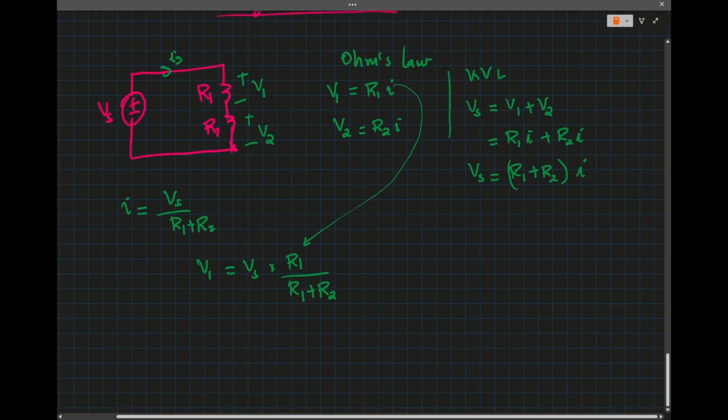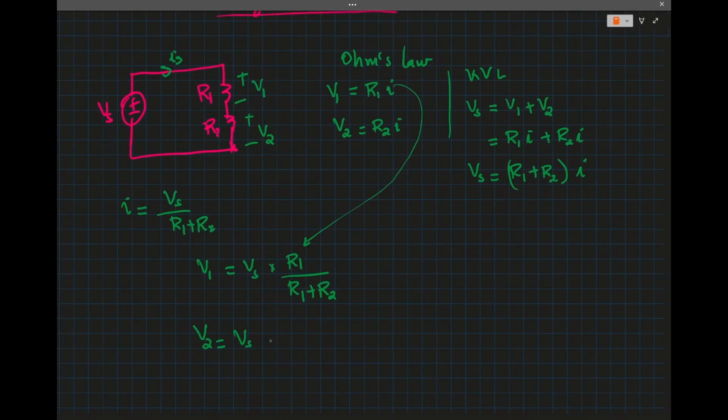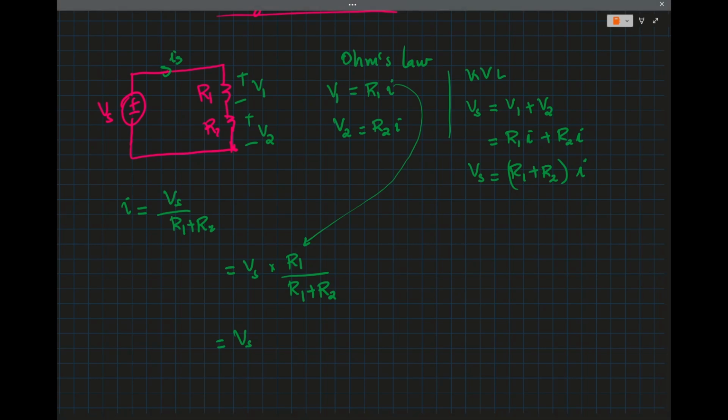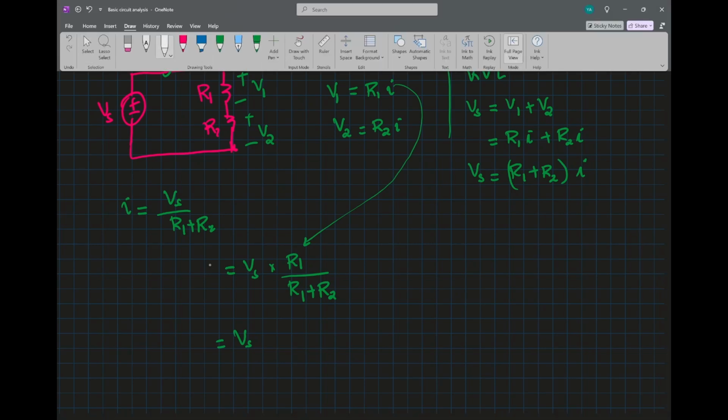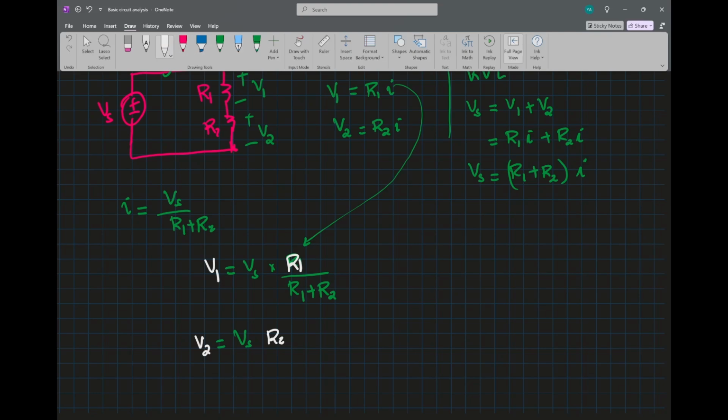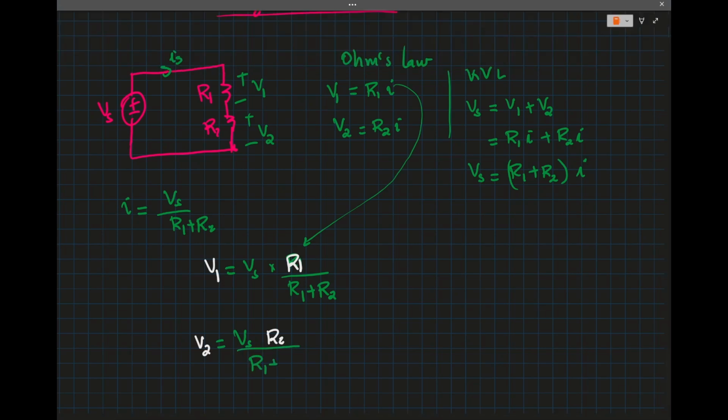And then V2 will be Vs times R2 divided by R1 plus R2. Let's use different colors so you can see. This is V1, this is R1, this is V2.